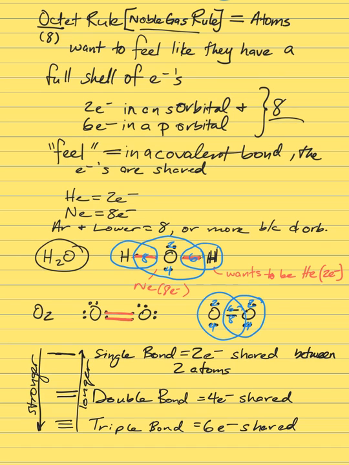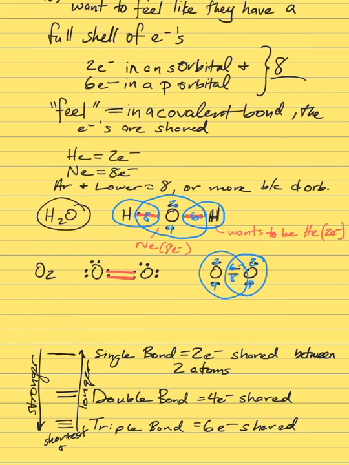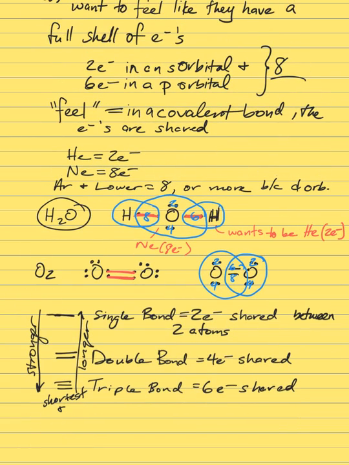So triple bonds are the shortest and the strongest, and single bonds are the longest and the weakest.